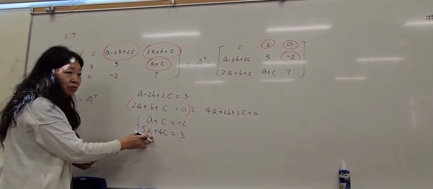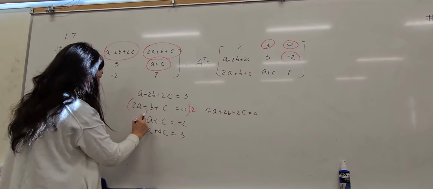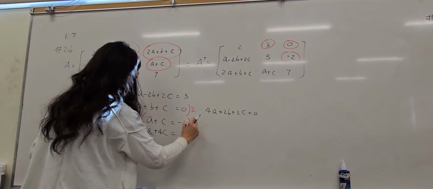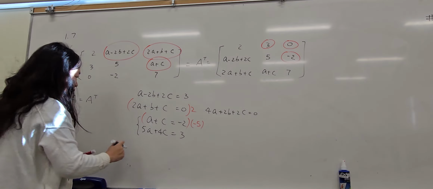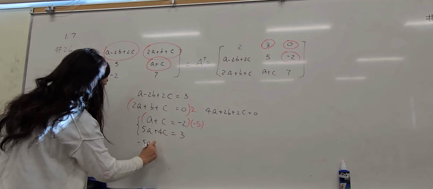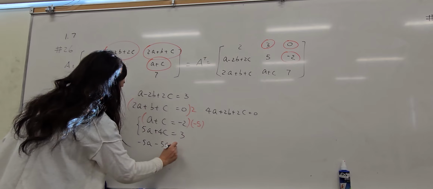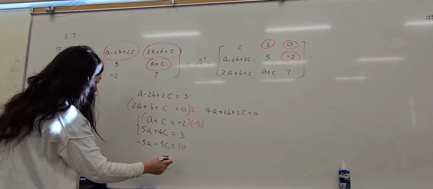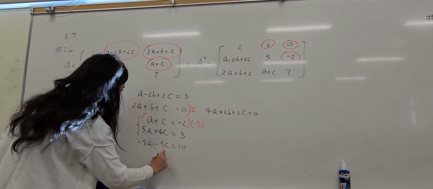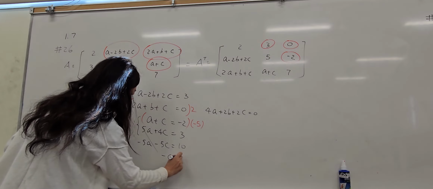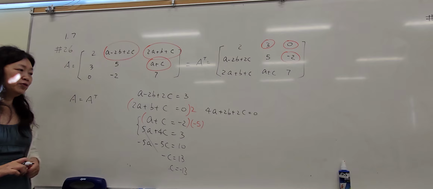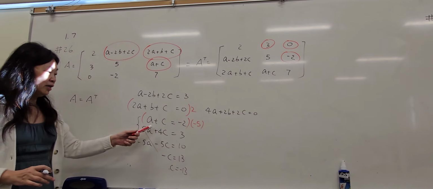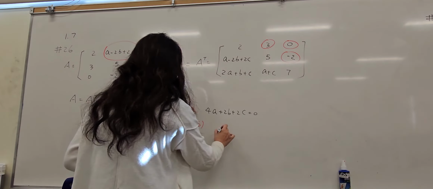Now you can take one of them and multiply this by -5. So you get -5a minus 5c equal to 10. Add them together, that's gone, so -c equal to 13 and c equal to -13. Okay, so that's the first one. And then you go back to get the a.